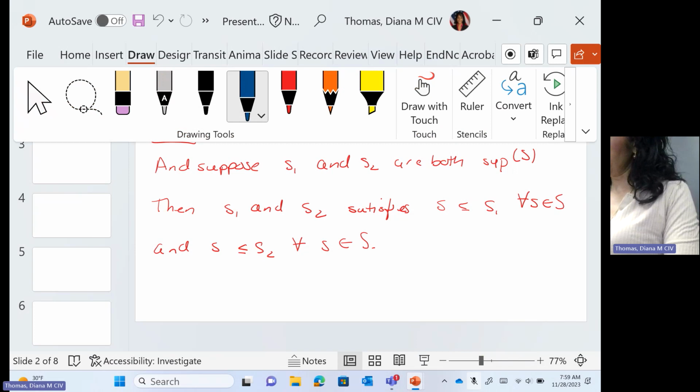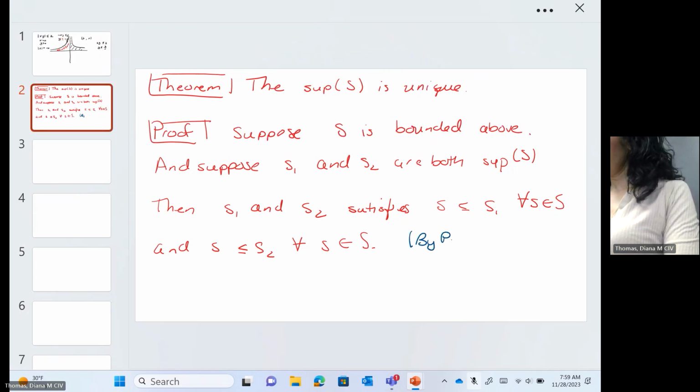I'll put a little addendum here: property 1 of SUP. So far, so good.